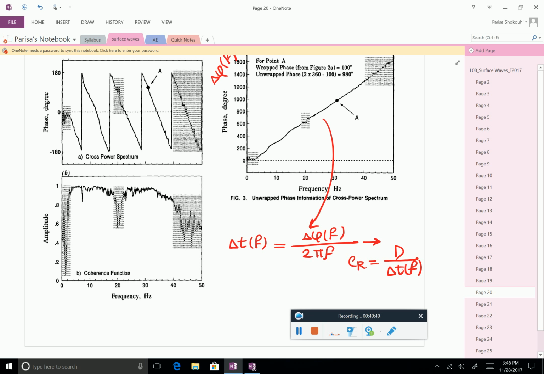Okay. Oh, it's actually a good question. Pay attention to the phase when the coherence is low. The phase doesn't look as nice as it should. When you look at coherence, it basically picks up those areas automatically.